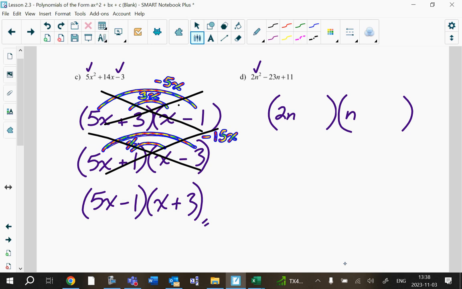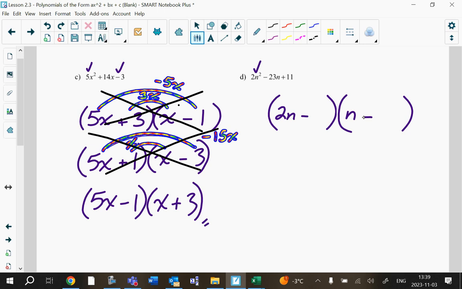I look at the original and would think, oh, I'll choose plus 11 and plus 1. But look at this. Not only do two positives multiply to get a positive, so do two negatives. So I'm going to choose two negatives. It's going to have to be two negatives. So now it's 11 and 1 or 1 and 11.